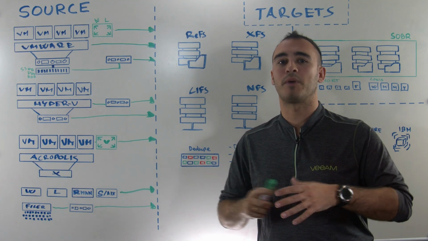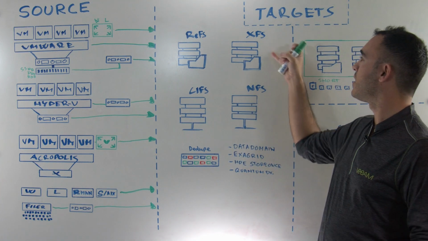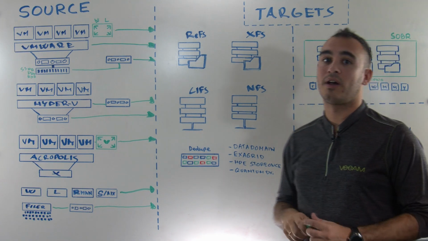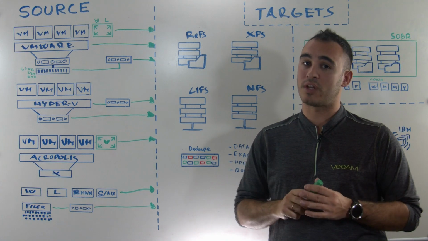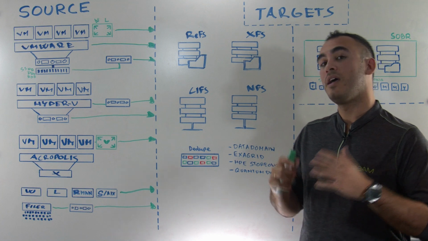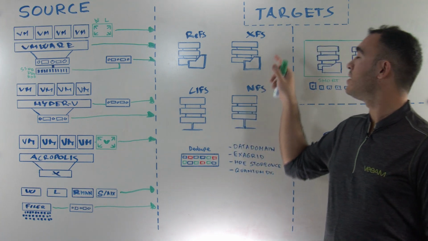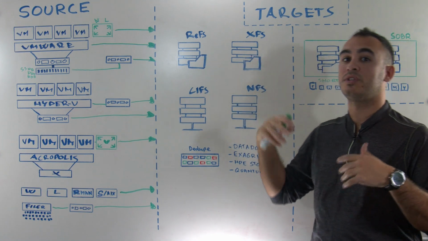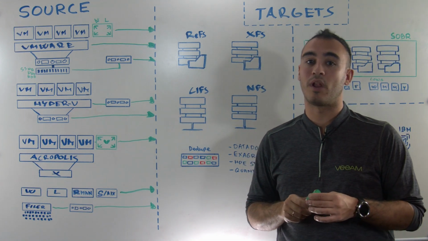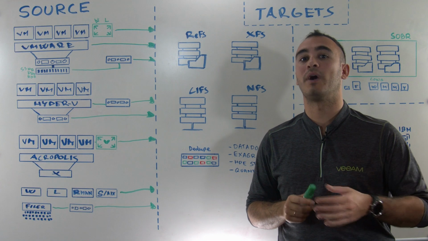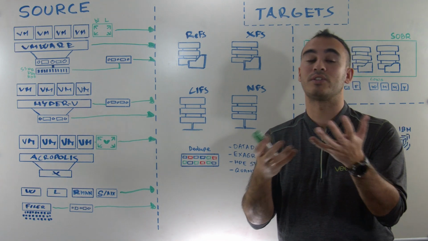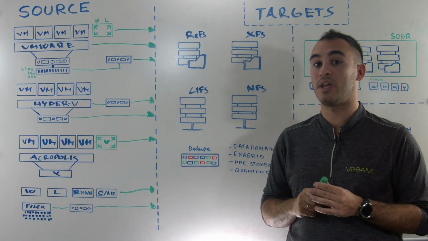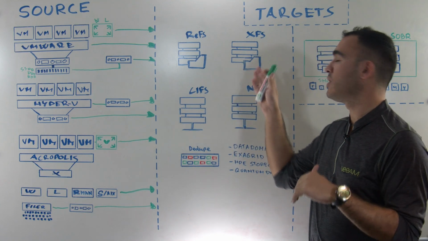We can use Linux as a backup repository today, but we will start leveraging what we call XFS, the Linux file system, meaning that we will be able to use block cloning technology on XFS, which is new in V10, and which will allow you to create the synthetic full backups and do the merge of the backup chains much faster on a Linux environment.